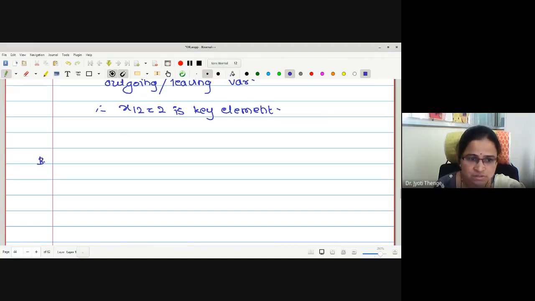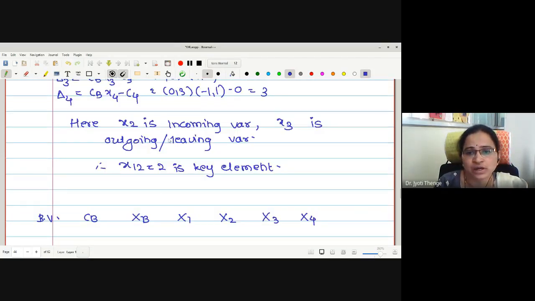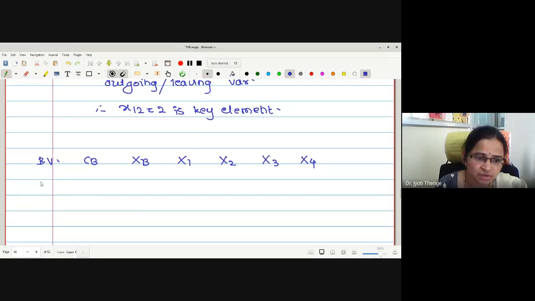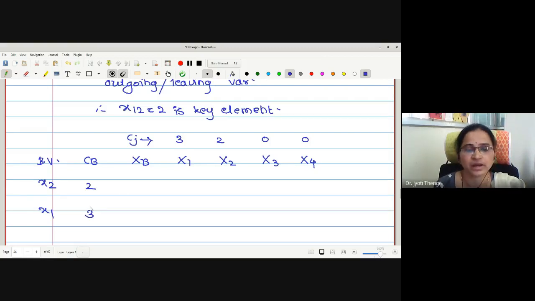What are the basic variables now? X2 incoming, X3 outgoing. Therefore, the basic variables are X2 and X1 now? Correct. Now, what are the costs of these basic variables? Cost of X2 is 2. Cost of X1 is 3. Correct?